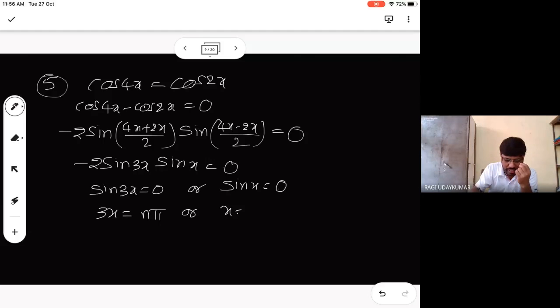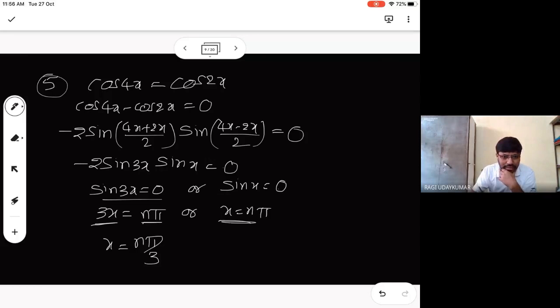So you are going to get x equal to n pi by 3 or x equal to n pi. So that means the general solutions will be in the form of either n pi or n pi by 3. These both will be the solution.